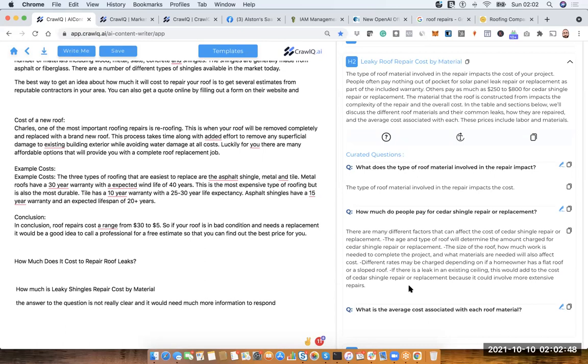The cedar shingles are going to be really niching down, which is perfectly fine if that's what you want to aim for, especially if you're writing an article for a company doing the SEO for a company that likes to push the cedar shingle installations and replacements or repair as well. But that's something you have to decide when you're executing this article.